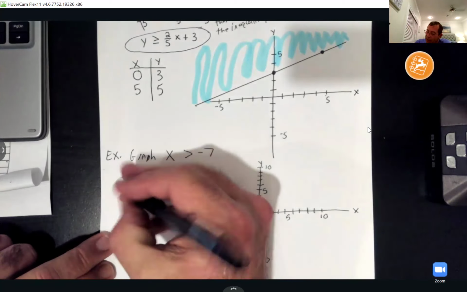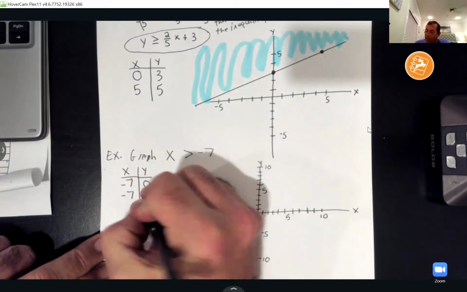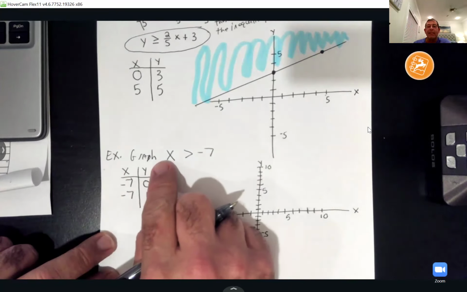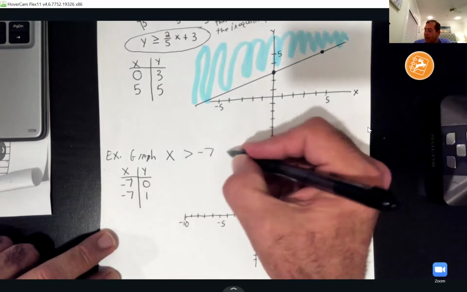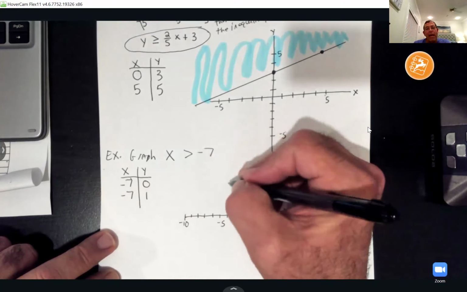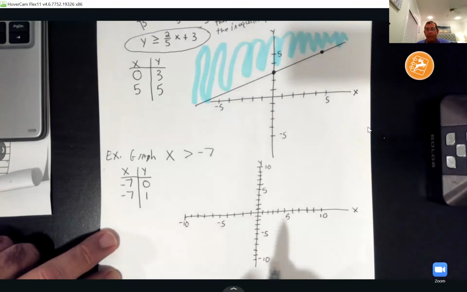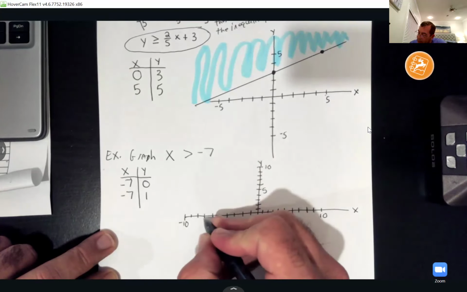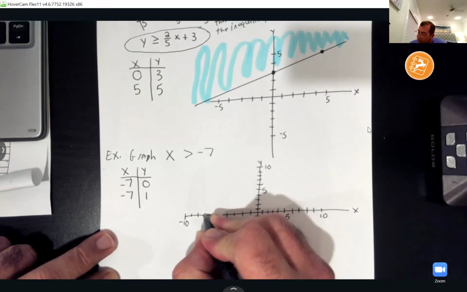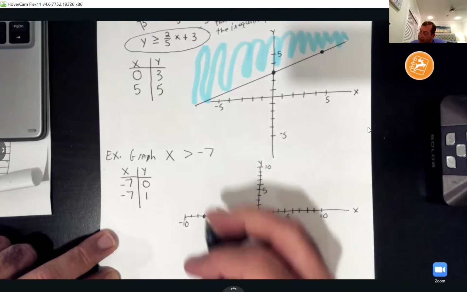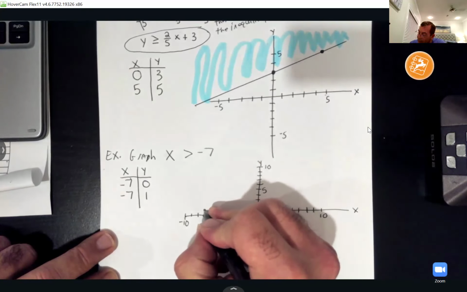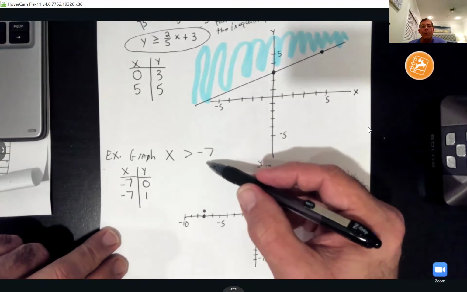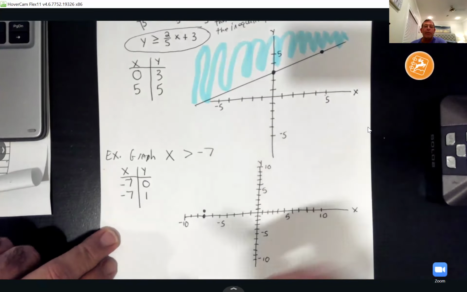So usually the easiest two numbers are going to be 0 and 1. And remember, since this is x equals negative 7, this is going to be a vertical line when we're done, okay? So I'm going to do negative 7, 0. So there's negative 7, 0. Negative 7, 1 would be 1 up. At that point, we're going to draw our line through these 2 points.